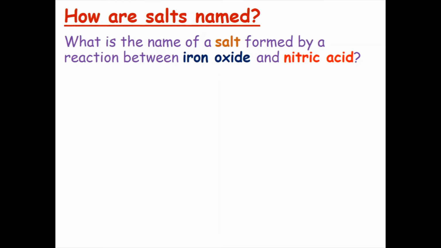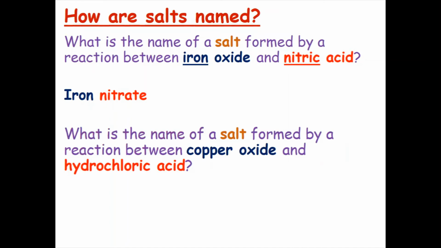The first name comes from the base, which is iron oxide, and we only use the name of the metal, so the first part of the name would be iron. The second name comes from the acid. Nitric acid forms nitrates, so the name of this salt would be iron nitrate.